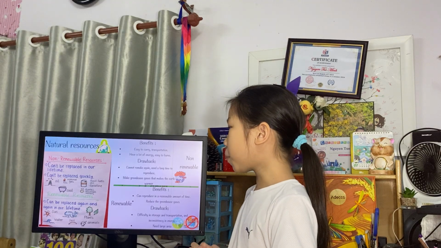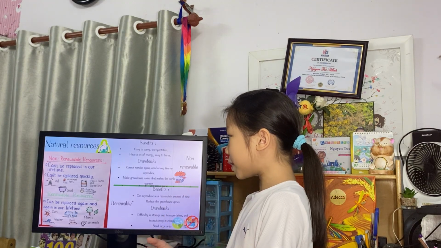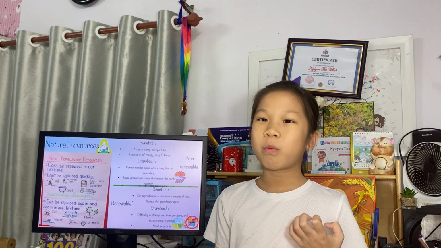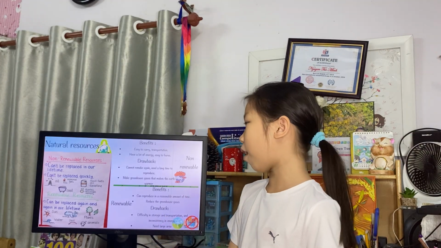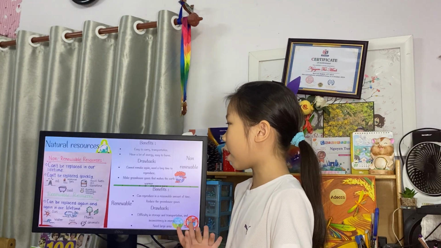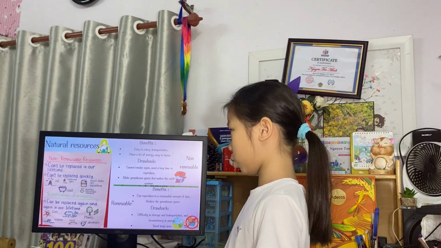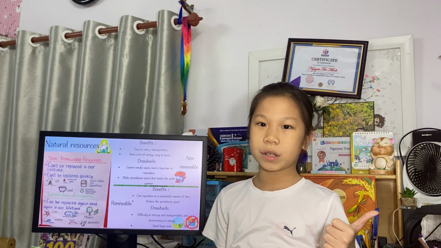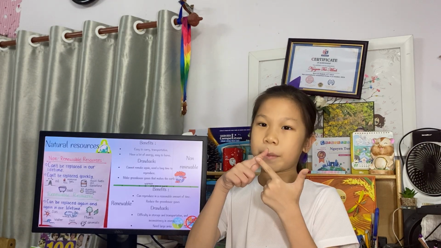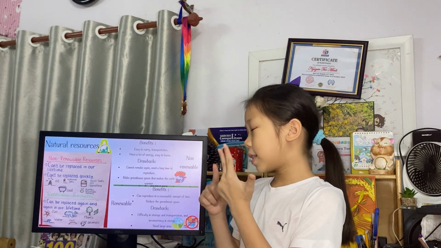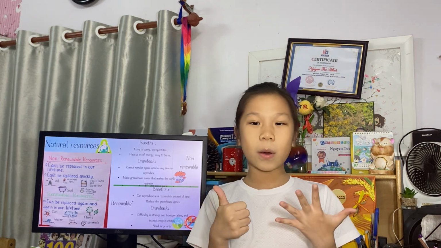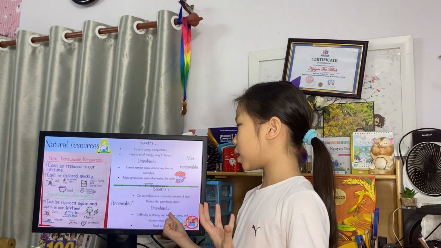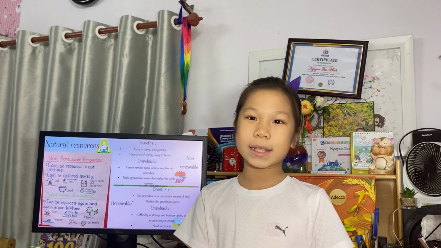So back to renewable resources. Now we talk about what kinds are renewable resources and also non-renewable resources. Well, we know trees are renewable resources. What else? Animals, wind, sun, water, and soil. Those six are renewable resources that can be replaced.